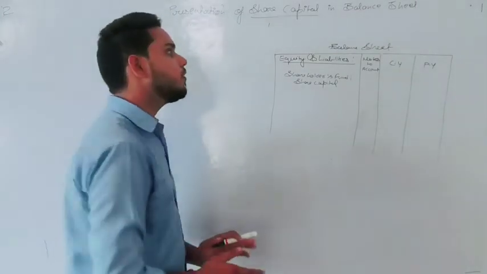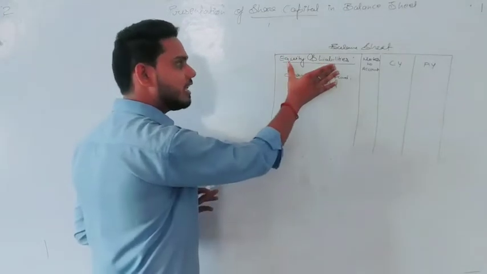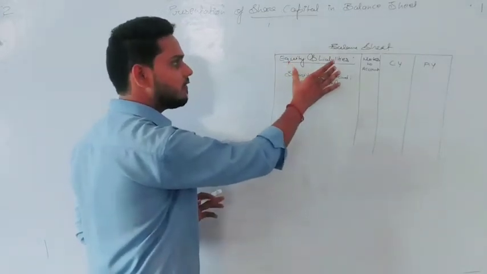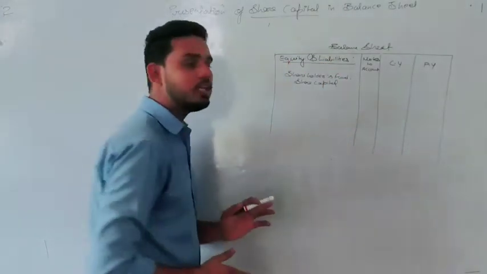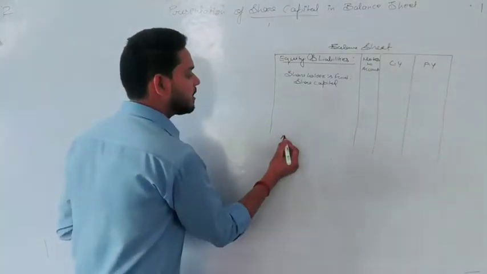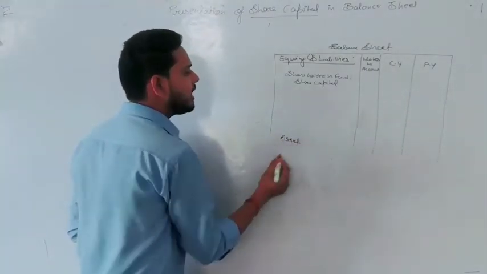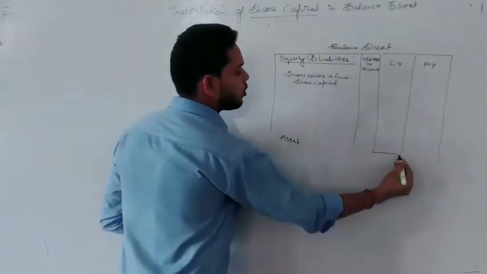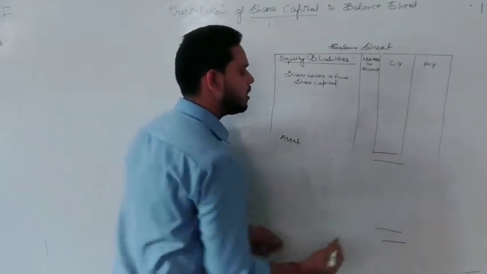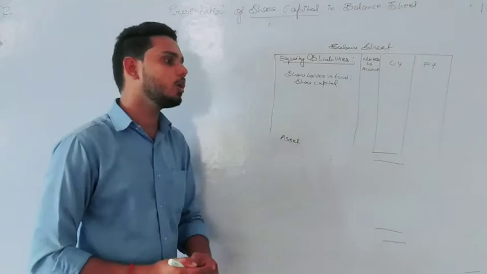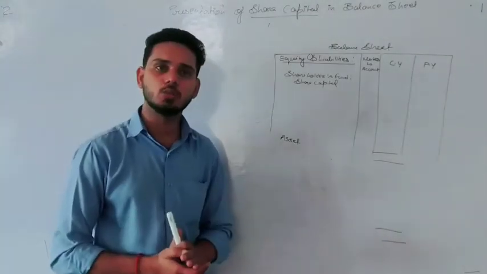That means firstly, they will write all the equity and liabilities and their amounts, then they will write the heading assets and in that they will write all the assets. So the total of the liability side will be equal to the total of the asset side. I hope this point is clear to you.